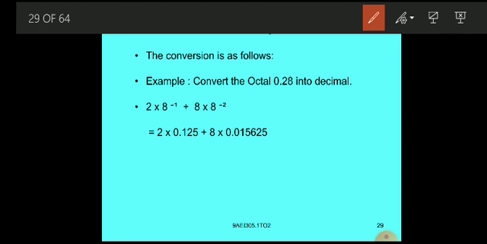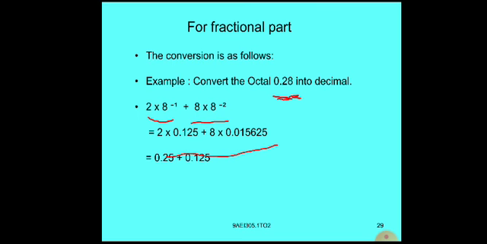You take the 2, this 2 into 8 power minus 1, and this 8 you have to take next, hence plus 8 into 8 power minus 2, and by simplification finally you will get the value 0.375.